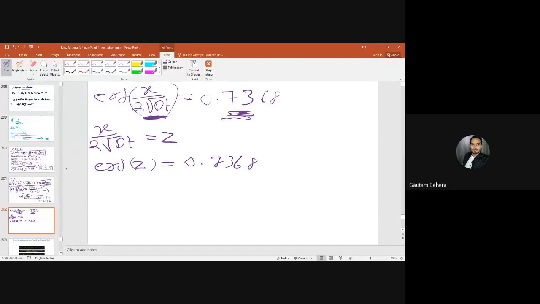Now, if you carefully look into the error function table, we can see we have z values and error function of z values. Right?